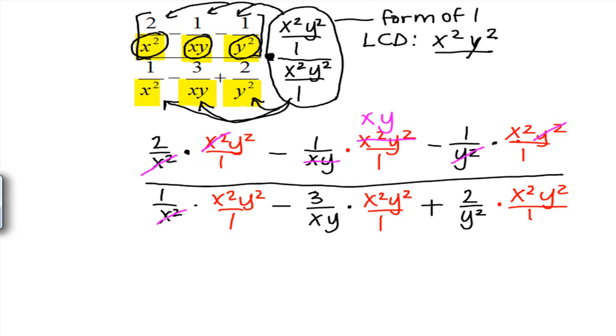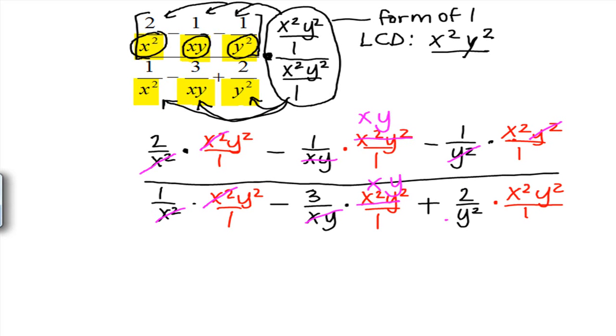Down at the denominator, the x squareds reduce. Xy, again, I get an xy left over, and then y squareds reduce on the right. That's the whole purpose of multiplying by that common denominator over 1. We want every single denominator to be reduced away so that all we have left is just the top levels.